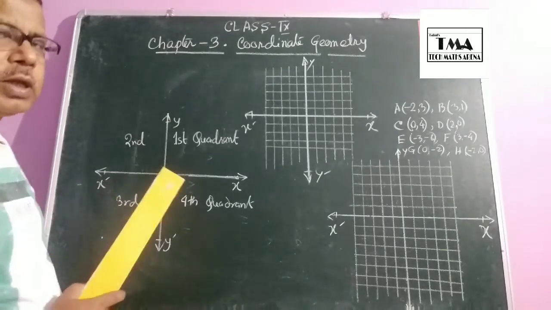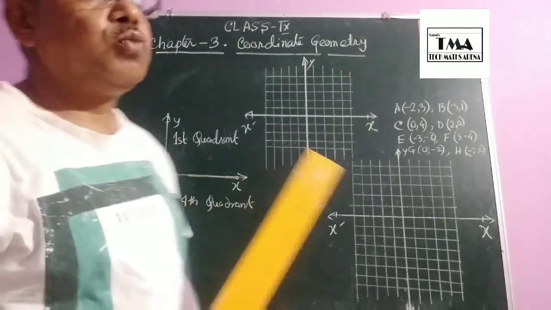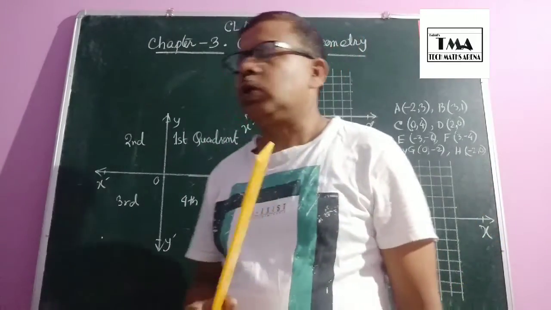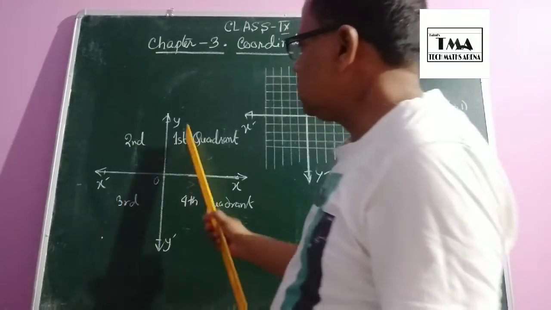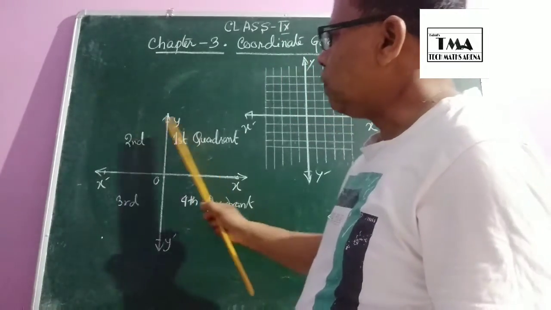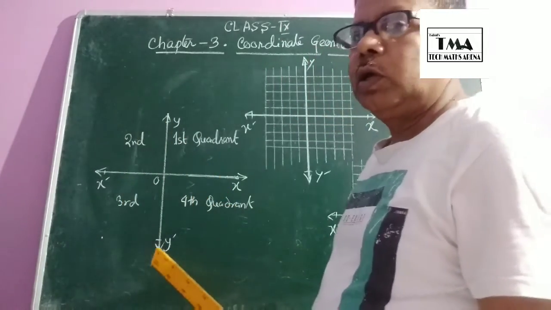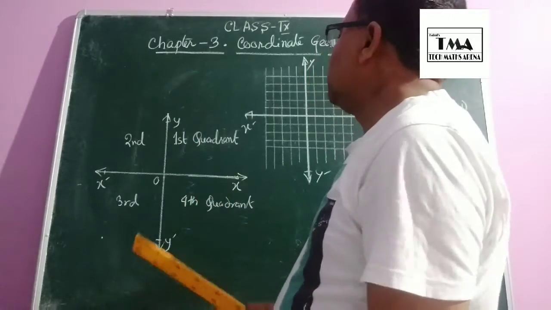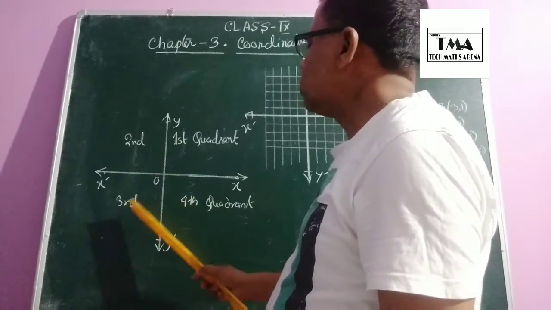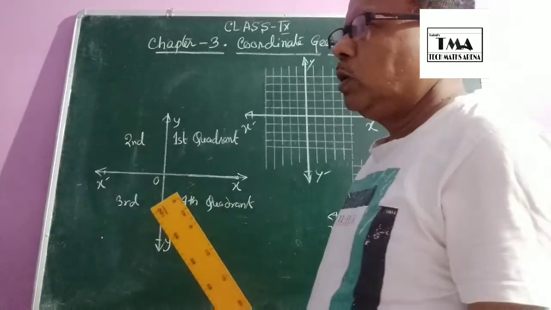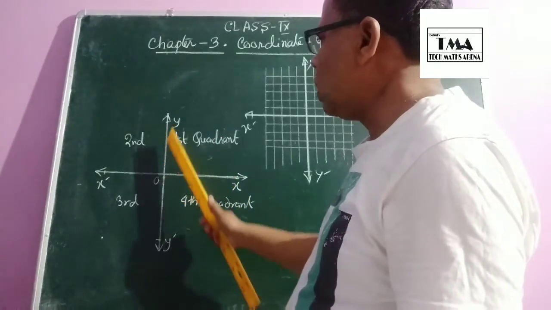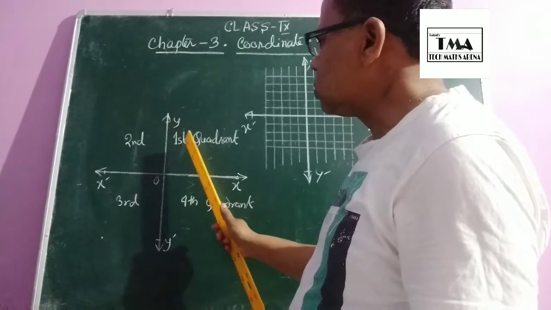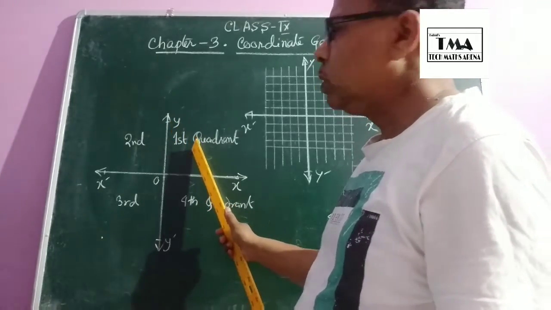And also we have seen that the two mutually perpendicular lines divide the plane, which is called the Cartesian plane, into four regions. The first region, XOY, is called the first quadrant.